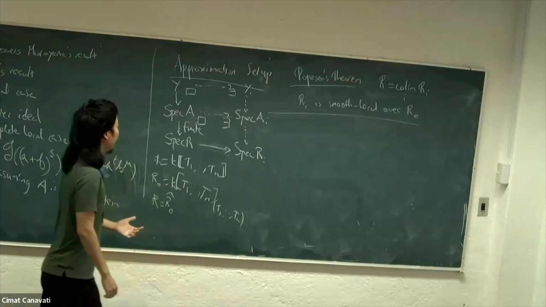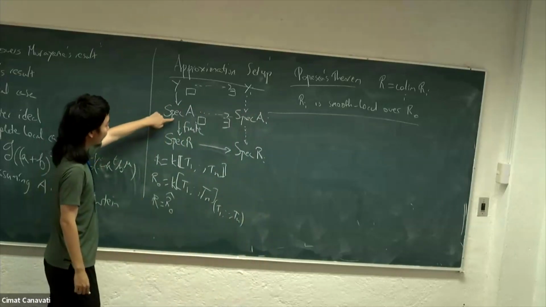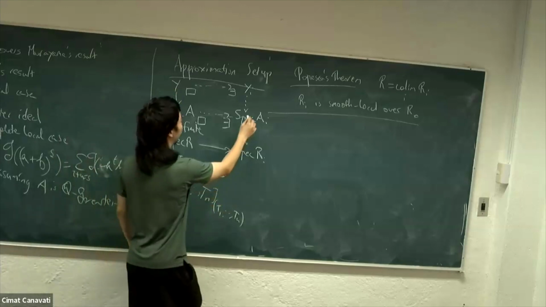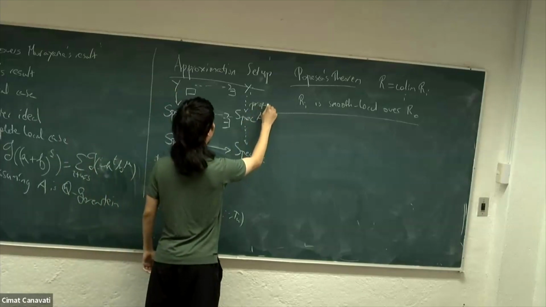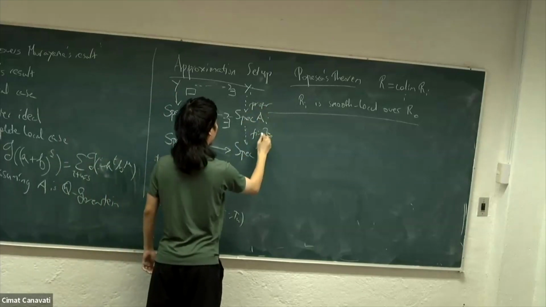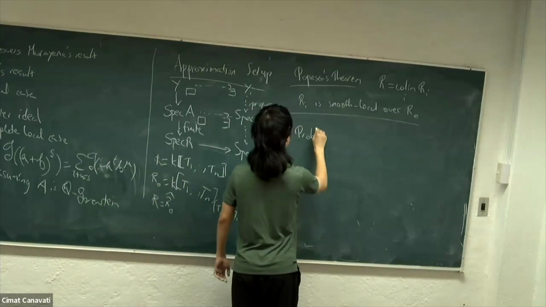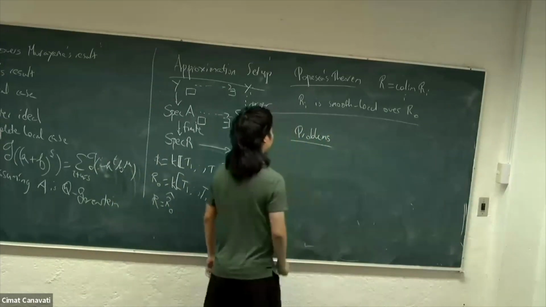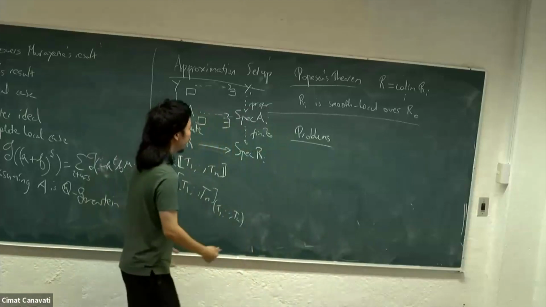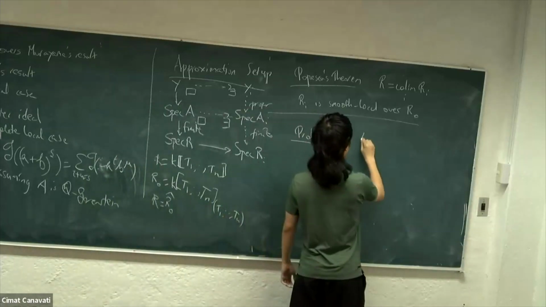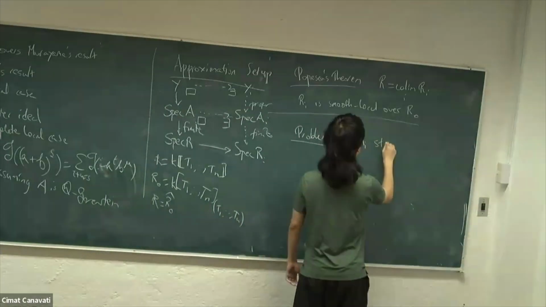All right, so the point is we could always approximate these morphisms, and I can make sure that, for example, this is proper and this is finite. But there are at least two problems that you need to overcome. The first is: is Ai still normal?